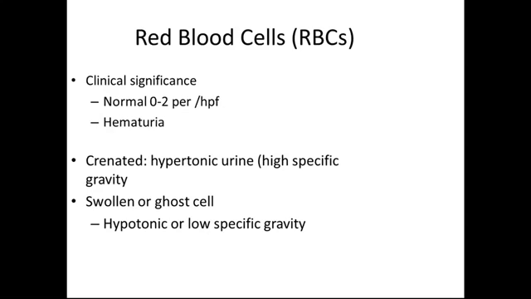Crenated cells are from hypertonic urine, meaning high specific gravity, and these red blood cells are oftentimes shriveled in nature. Swollen or ghost cells are hypotonic or low specific gravity, and these can be overinflated red blood cells.